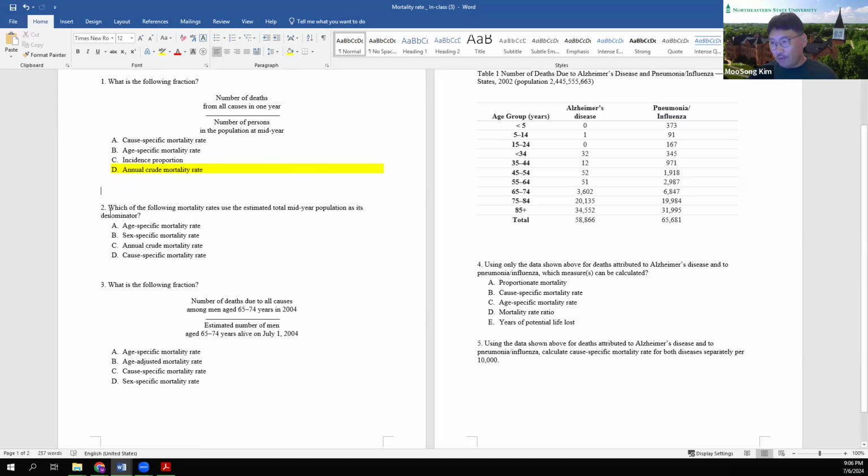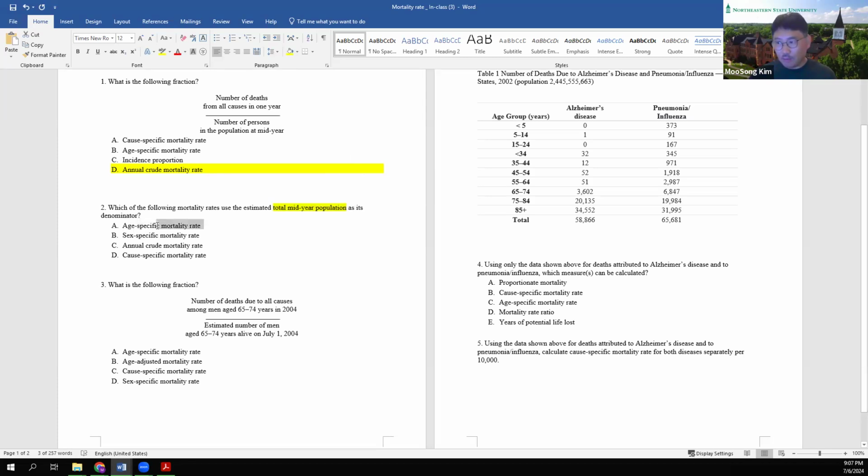Okay, moving on to number two. Which of the following mortality rates use the estimated total mid-year population? Which ones actually use the total population as the denominator, the bottom? Age-specific mortality rate, do we use the total population? No, we use the total population for a certain age group.